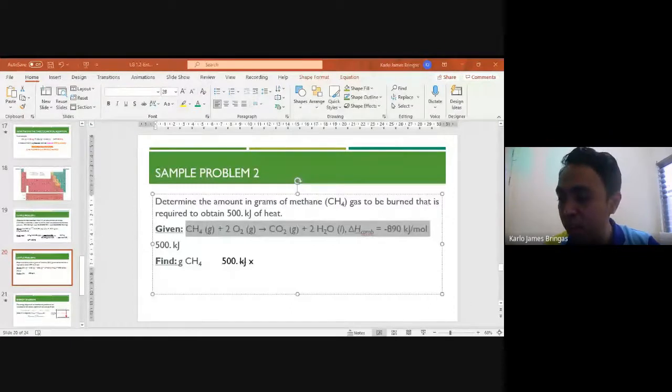So again, you can type or you can just unmute yourself. So what should the conversion factor be for this one?